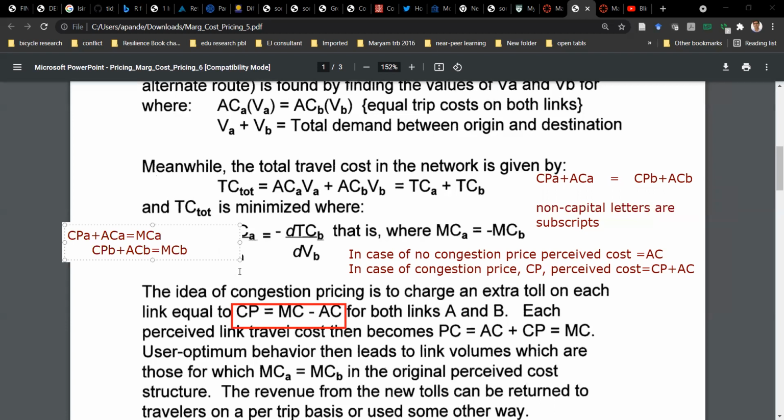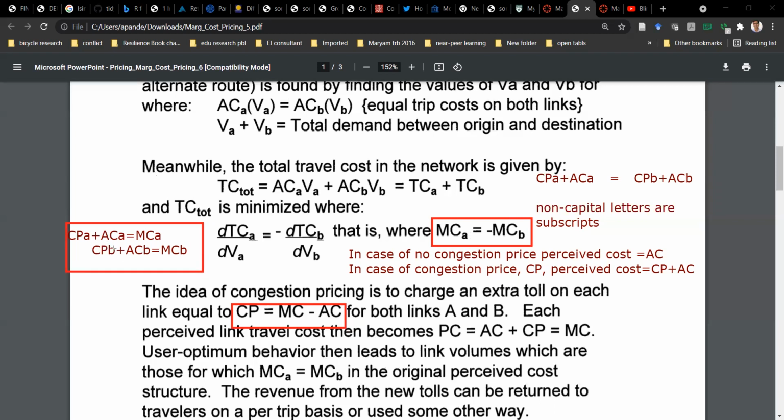Does that make sense? That you want the summation of the congestion price and average cost to be the marginal cost of A, so that when drivers try to minimize their perceived cost, they end up getting you to the system optimal condition that you had cooked up before.